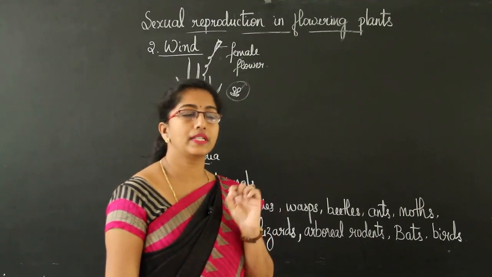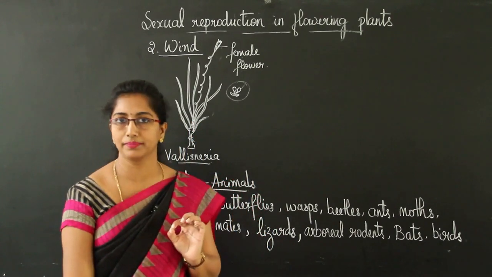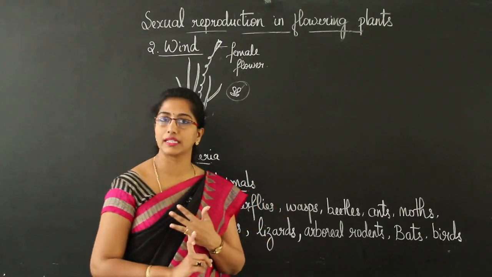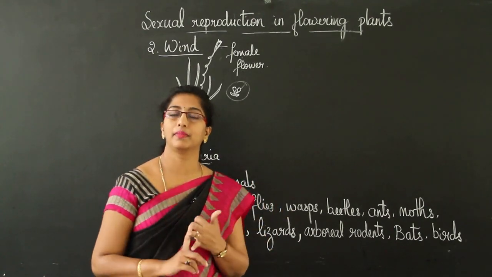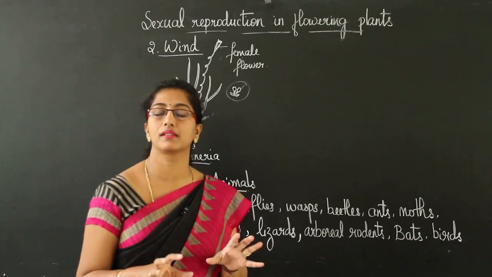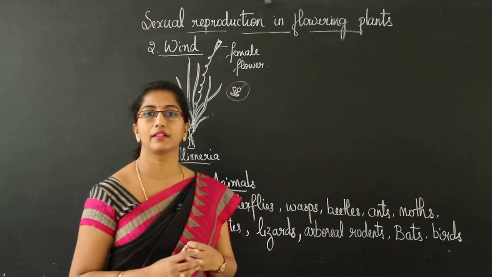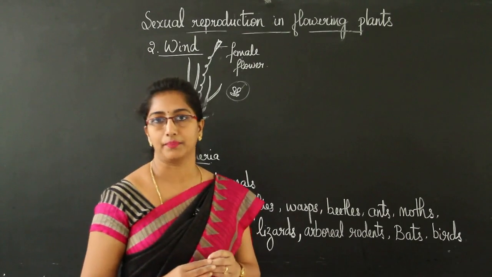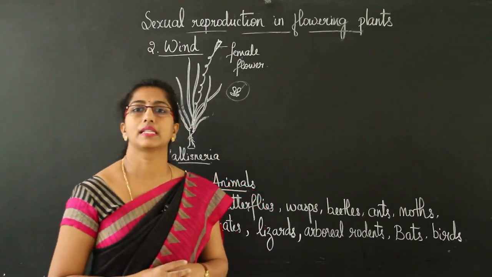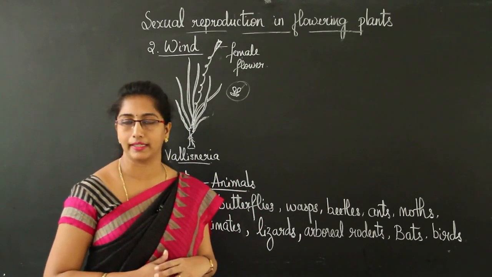The plants which depend on animals for pollination have flowers which will be very large in size, and the petals will be brightly colored. So large petals, brightly colored petals, nice fragrance, fragrant flowers, and also nectar present inside the flower. All these characters are mainly to attract the pollinators.